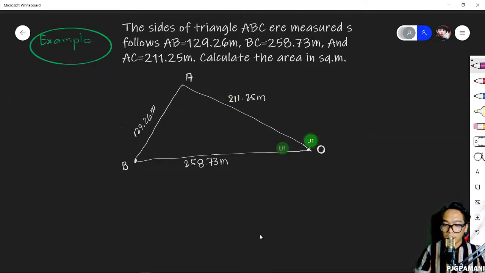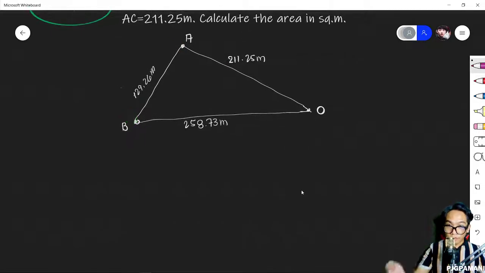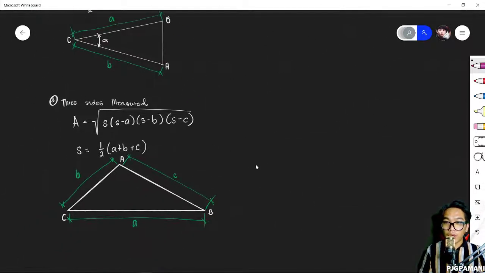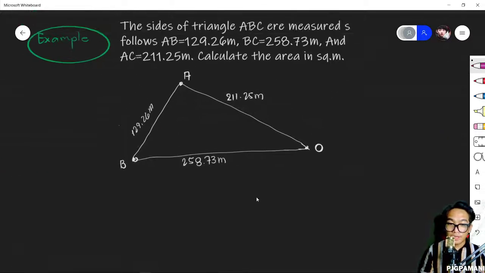So with that in mind, we now have the figure of our triangle. We have already known that the formula we're going to use is the third one, where the three sides are measured or identified, as shown in this figure.